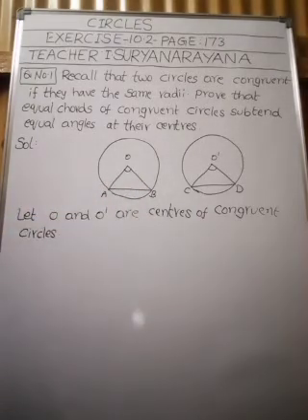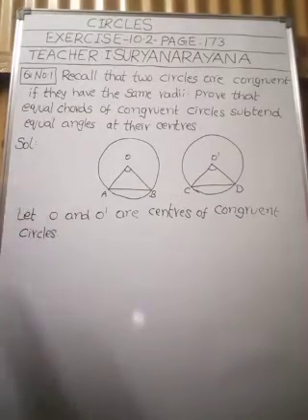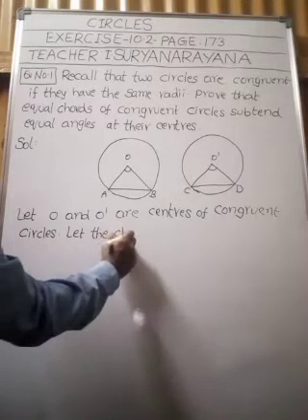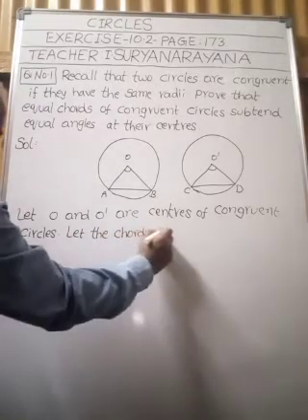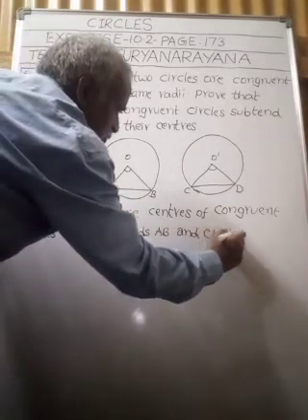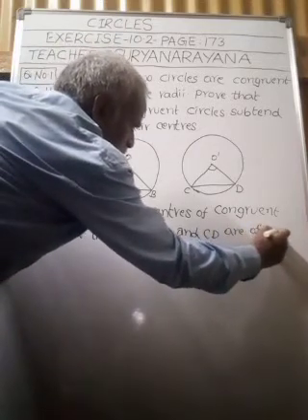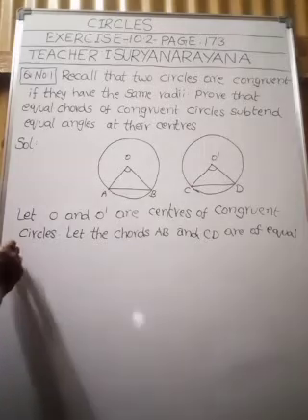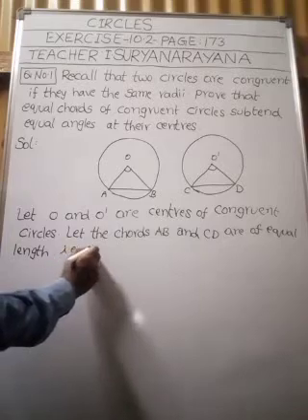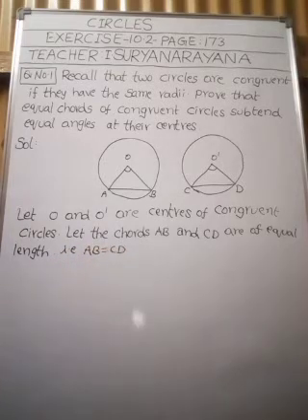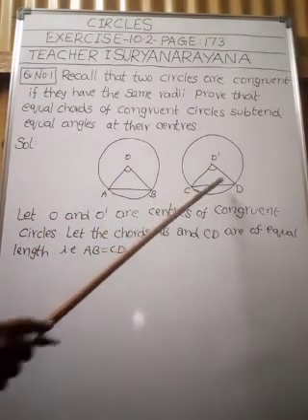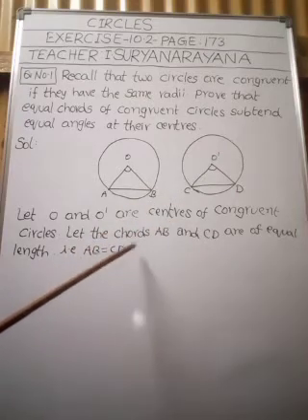Let the chords AB and CD be of equal length. That is, AB is equal to CD. Okay, my children, we have taken it like this. AB chord, CD chord lengths are equal. Okay, my children, understood this point?